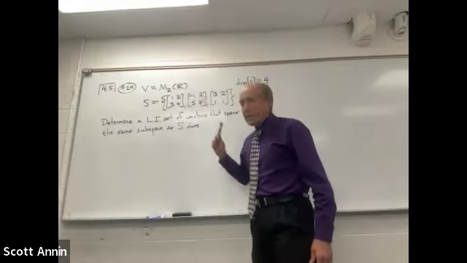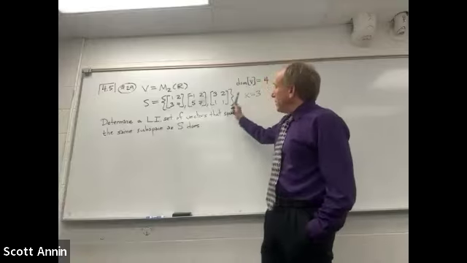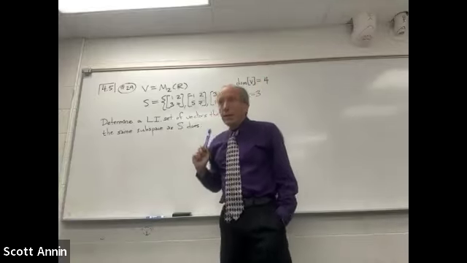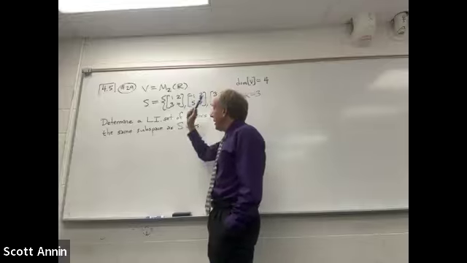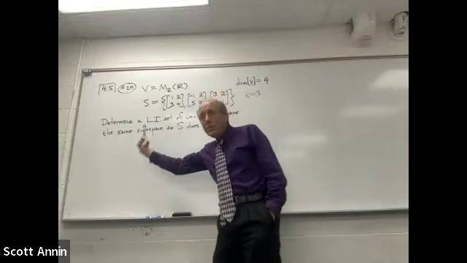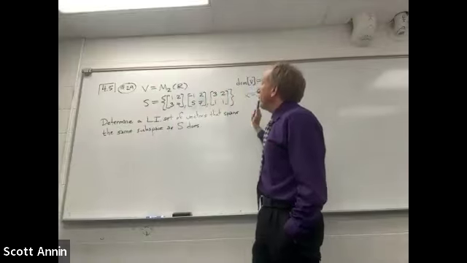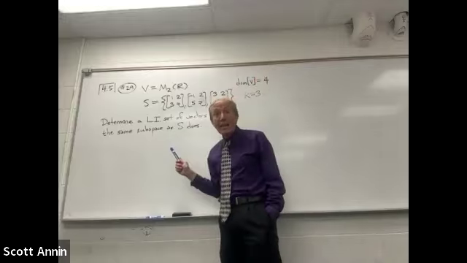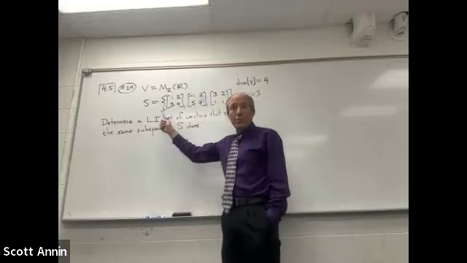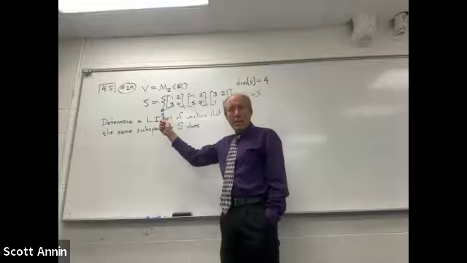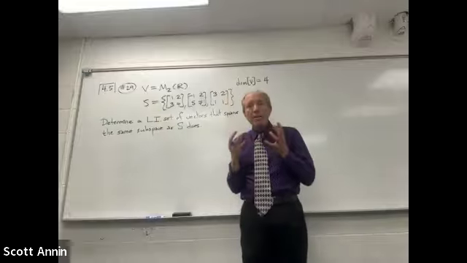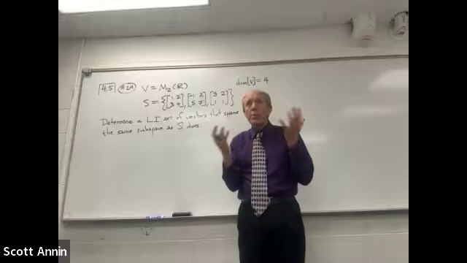What the question is asking is, in case they are not LI, they want us to determine a set of vectors that is LI that would have the same exact span as these 3 vectors do. Now, what I mean by that, remember, guys, if you have any set of vectors, they always span something.